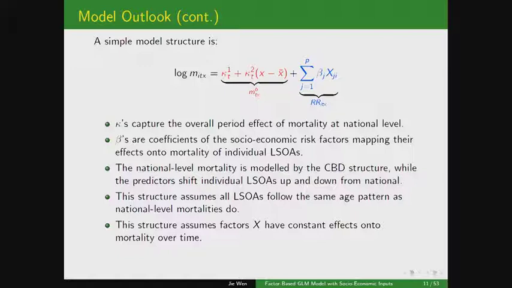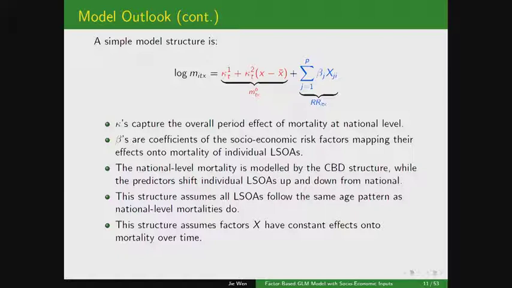If we look at this formula, there are two important disadvantages of this model. First of all, in the LSOE level part, there is no age factor at all. It's not related to age. So this structure assumes all of the LSOEs follow exactly the same age pattern as the national level does.